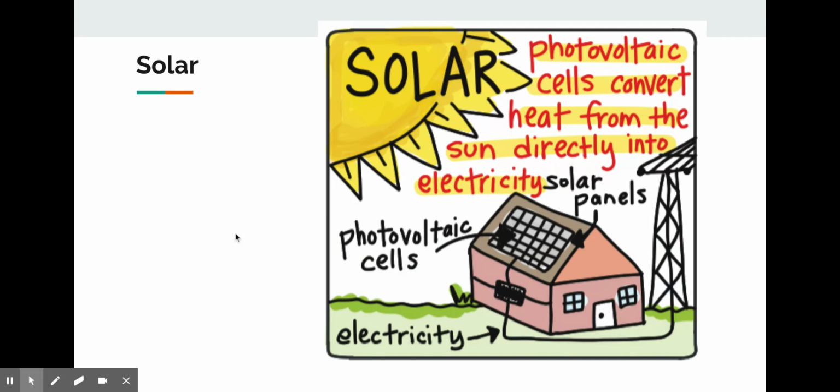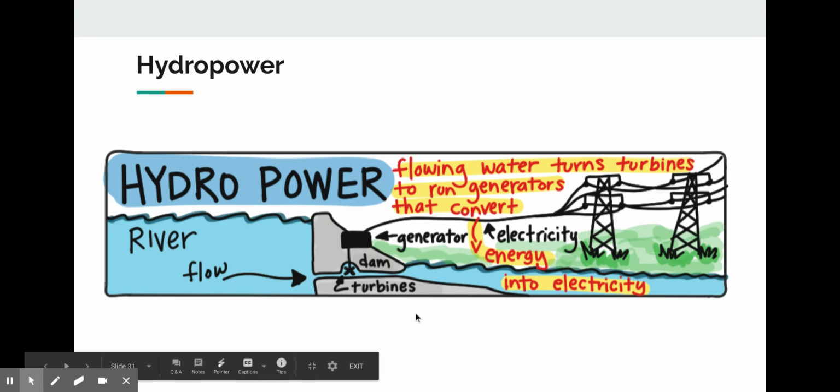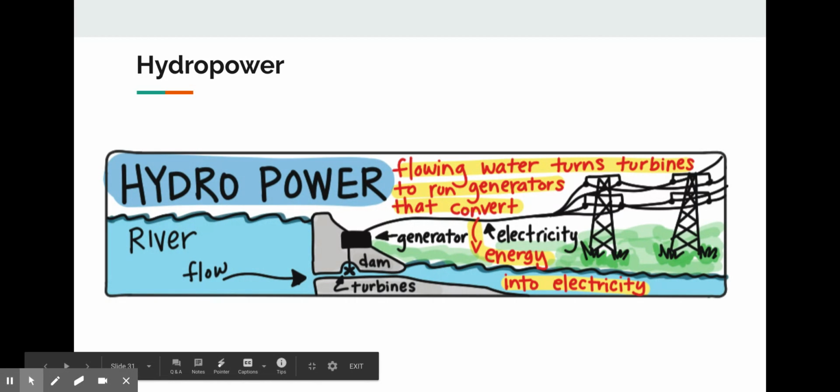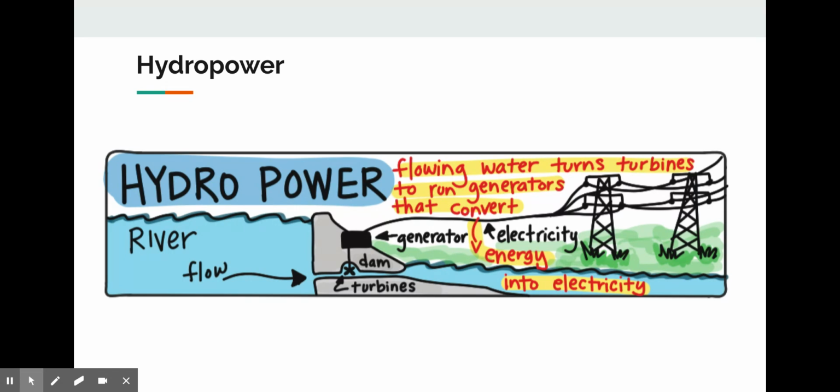Remember, you can pause. Next, we have hydropower. Flowing water turns turbines to run generators that convert energy into electricity. The place that we have most frequently seen this throughout history is at dams, but we are starting to use hydropower more when we're talking about currents off the coasts of countries.